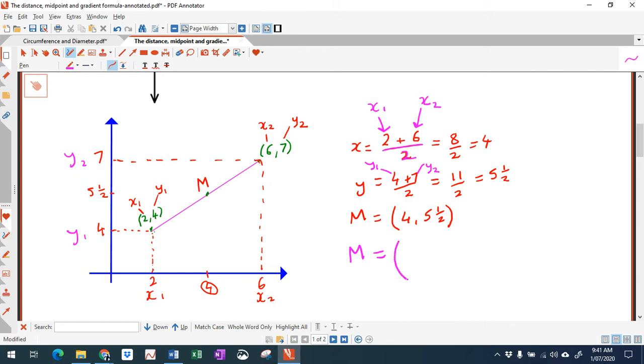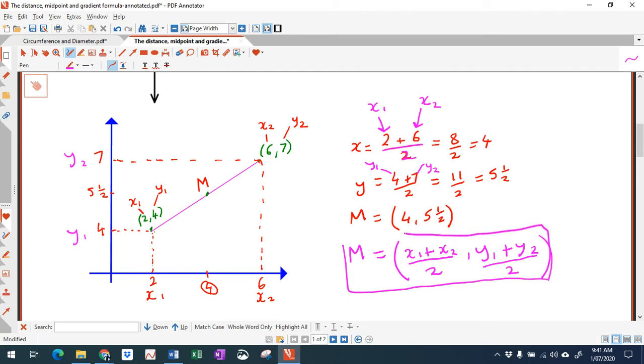For midpoint, I just take the two x values, x1 plus x2, and divide by 2. And to get the y value of the midpoint, I add the two y values of the points together and divide by 2. And that's my midpoint formula.